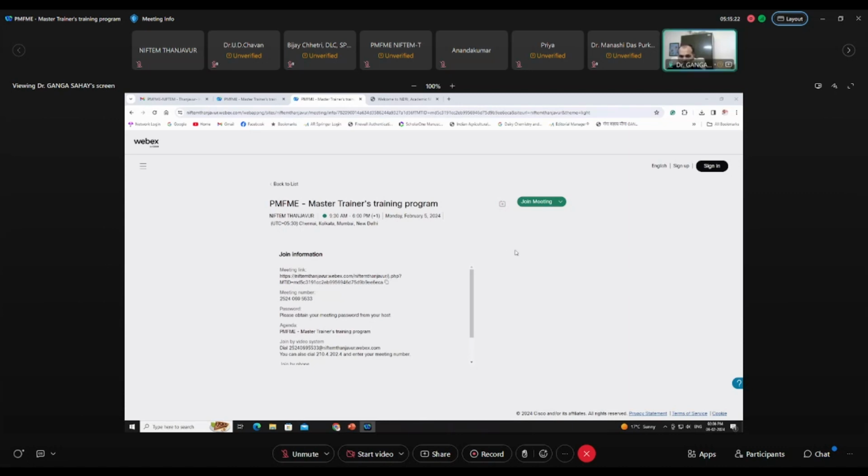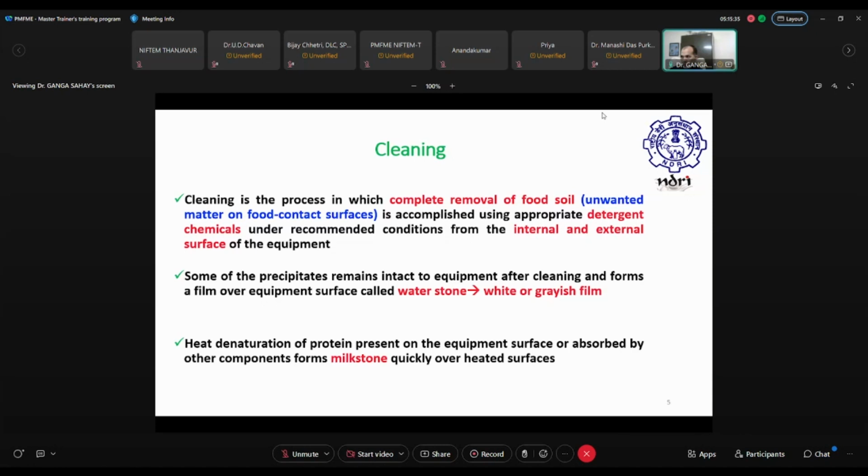I think there are two screens, that's why the problem is there. Is it okay now? Yes, sir, now it is okay, sir. Cleaning slide is there.